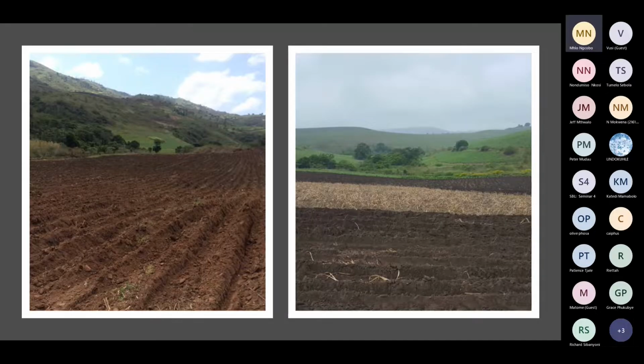Then when you do your land prep, as I made mention of dry land and also irrigated land. So on dry land production, you have an opportunity to plant up. The interrow spacing would be 1 meter between the rows, or you can have 0.9 meters there.